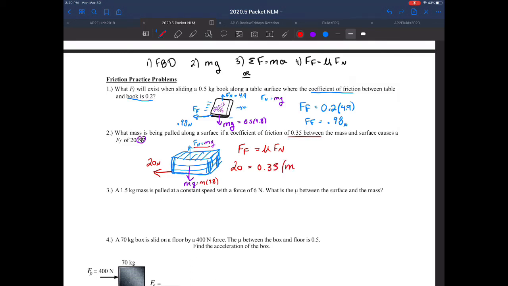The normal is mg, and let's fill in g as 9.8. We'll solve for m now. I get 5.8 kilograms.